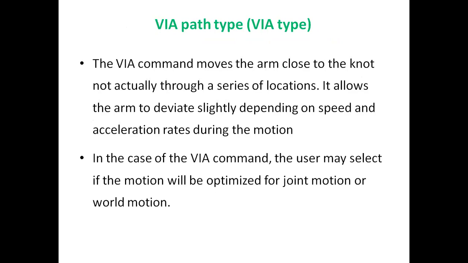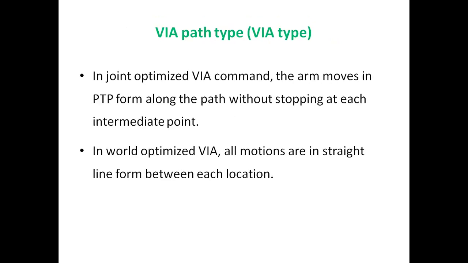It will allow the arm to deviate slightly depending on speed and acceleration rates during the motion. In the case of the via command, the user may select whether the motions are optimized for joint motion or world motion. In joint optimized via, the arm moves in a smooth form along the path without stopping at each intermediate point. In world optimized via, all motions are in straight line form between each location.